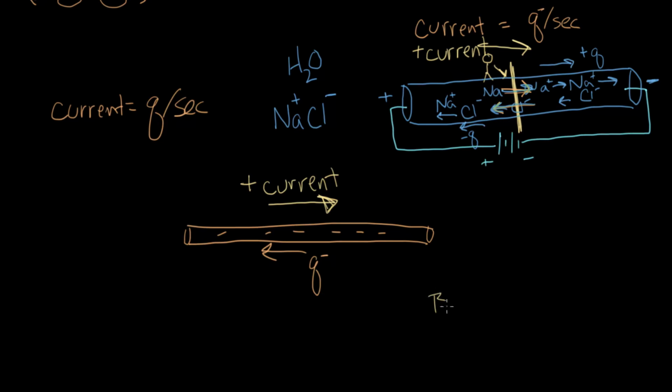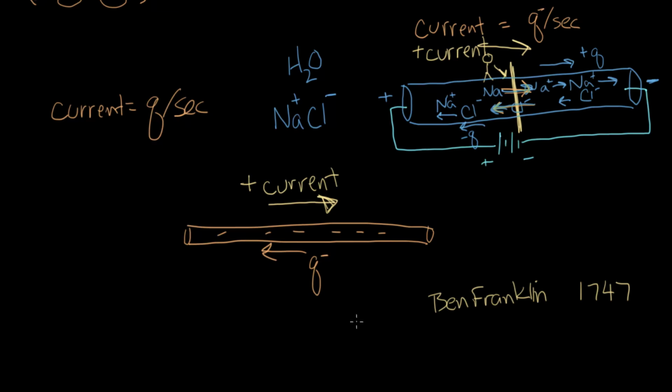So Ben Franklin, in the year 1747, is a person who assigned plus and minus as being the two types of charge that existed.